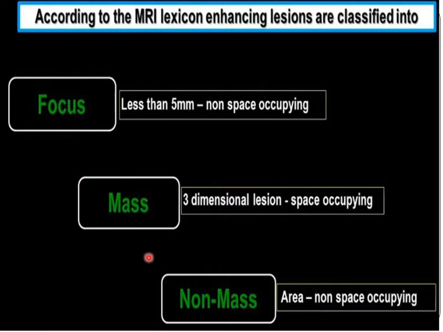About the mass, a 3-dimensional lesion, you can give more characterization to the lesion: the shape, the boundary, and also the intralesional enhancement. So this is a mass, and the other one is a non-mass, where there's an abnormal enhancement of an area in the breast. That's why it's called the non-mass enhancing lesion.